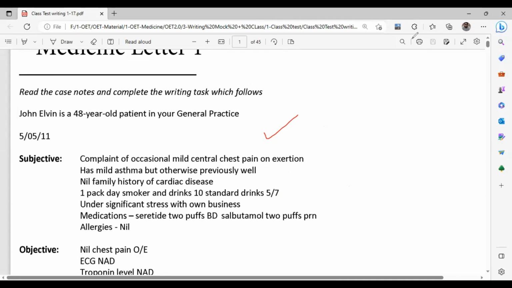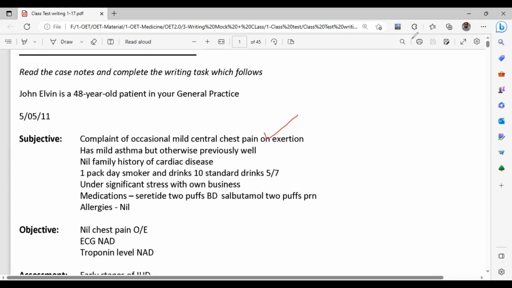As we are suspecting MI, and we have a differential diagnosis of MI, it is important for you to write down that particular history. The mild chest pain is relevant, right?